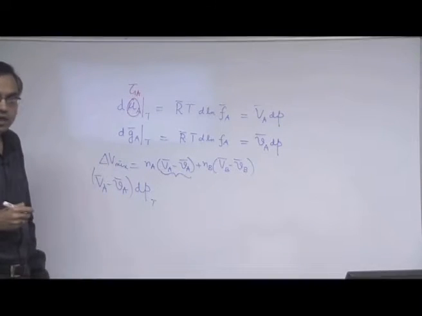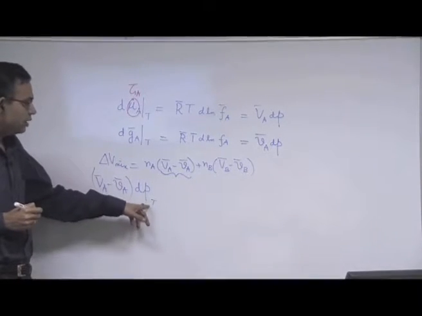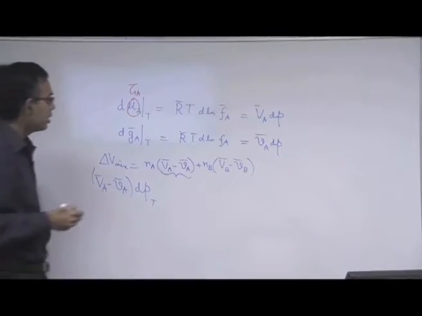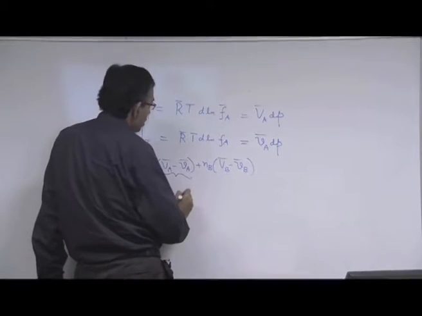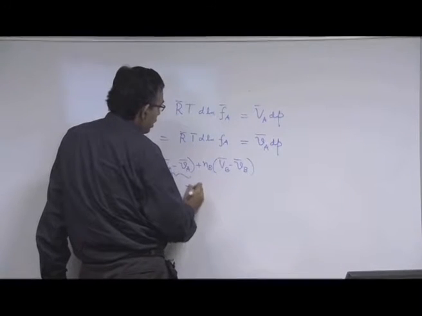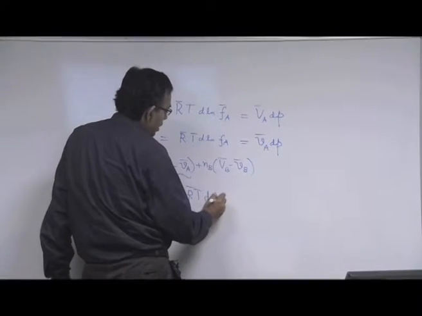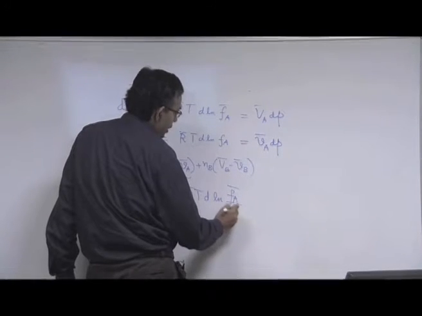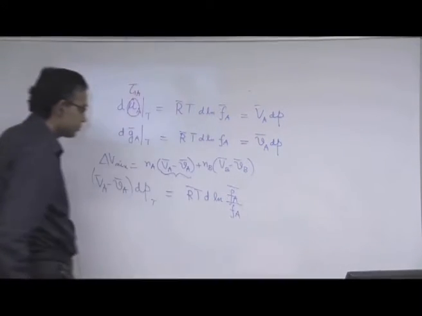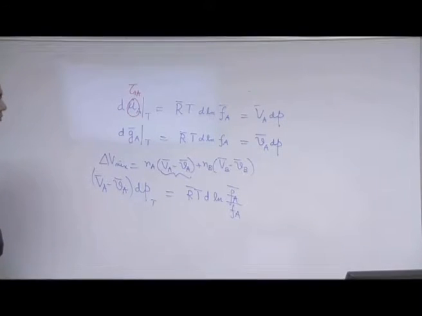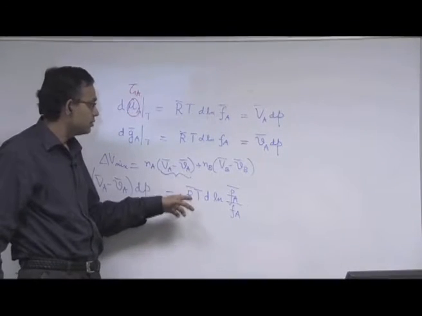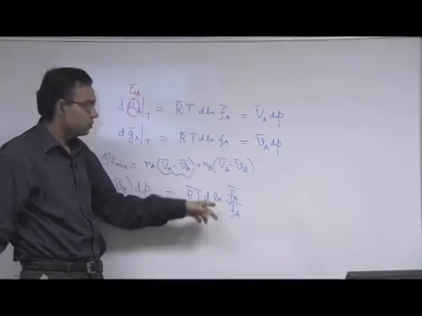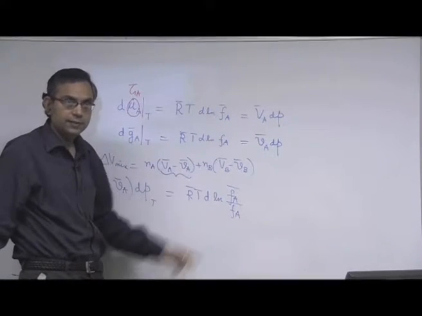Remember, all the things are at constant temperature, so you can emphasize it by writing a subscript T, is equal to RT d ln F bar A by Fa, log of this minus log of this.